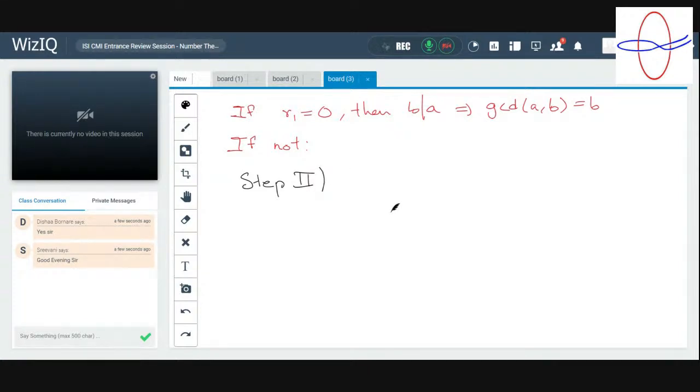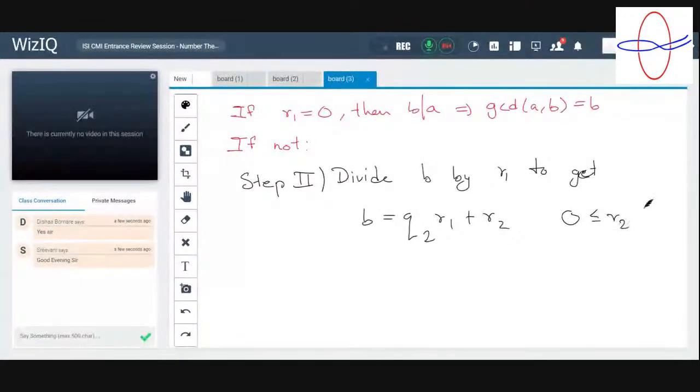And step 2 is divide B by R1 to get B is equal to some Q2 times R1 plus R2. Here the condition on R2 is of course this.